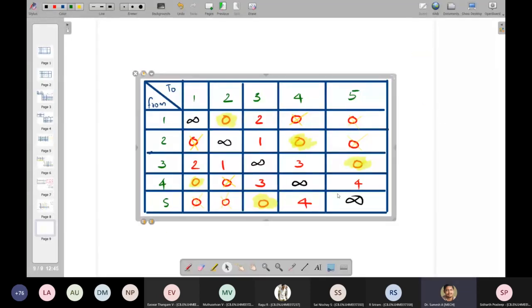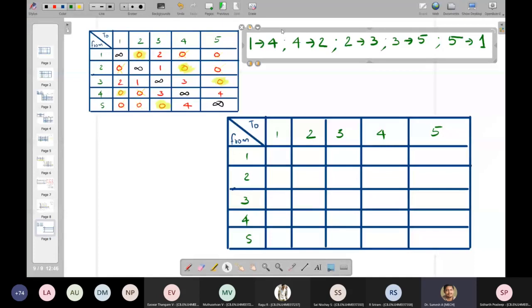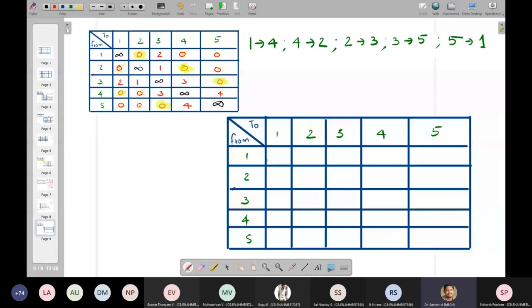So this is our original matrix. I had the values like infinity. These are all infinite, I don't need to touch that. So these are 0, 2, 0, 2, 0, 0. I have 0 here, 1, 0, 0.